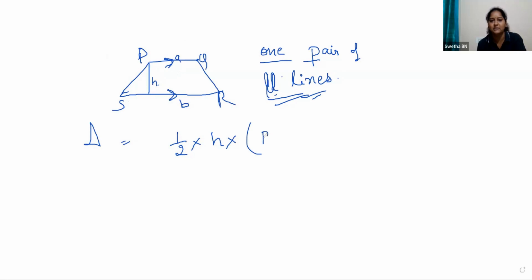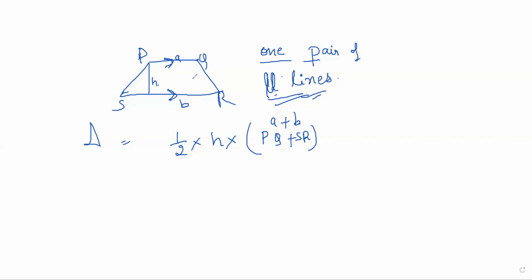That means PQ plus SR, or we write A plus B like this. A plus B is nothing but the length of PQ and SR. You got it? So it is half into height into sum of the parallel lines. Got it? Yes, ma'am. Shreya, got it? Yes, ma'am. Okay.